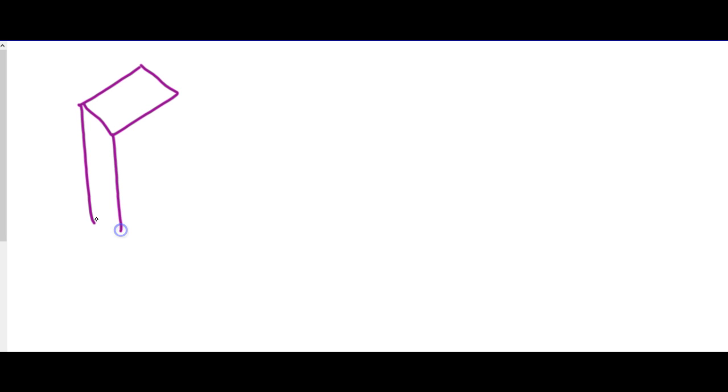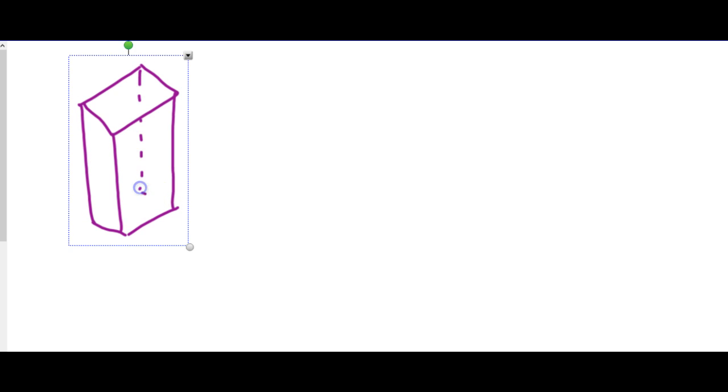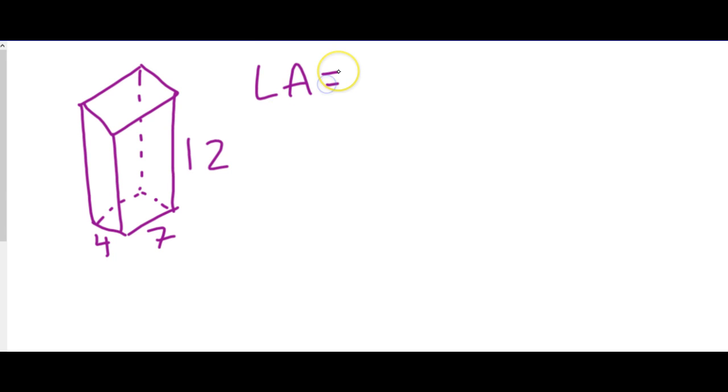So let's say we have a rectangular prism. So first we would need to find the lateral area. The lateral area, I'm going to use LA for lateral area.